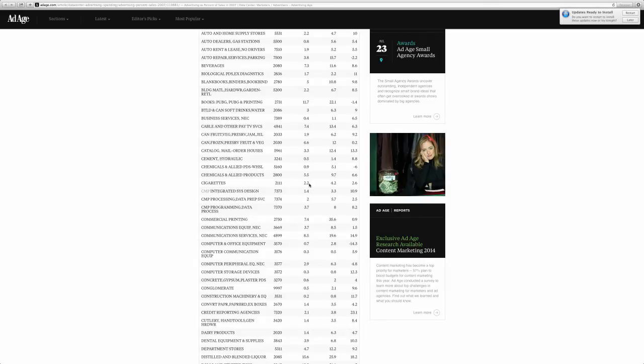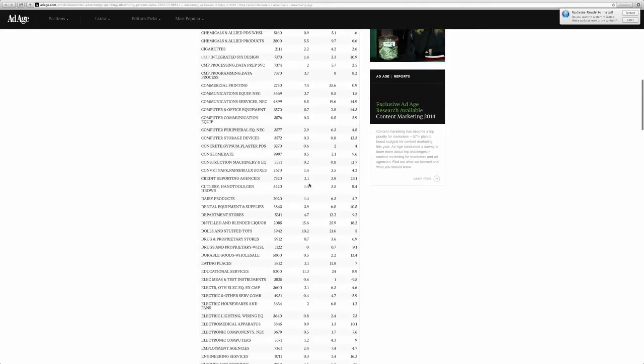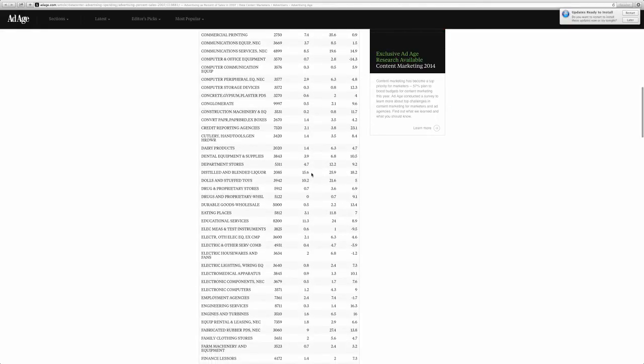Overall, on the average, cigarette manufacturers spend 2% of their sales revenue on advertising and promotion. Let's look at liquor. Overall, the liquor industry spends about 16% of its sales revenue on advertising or promotion.